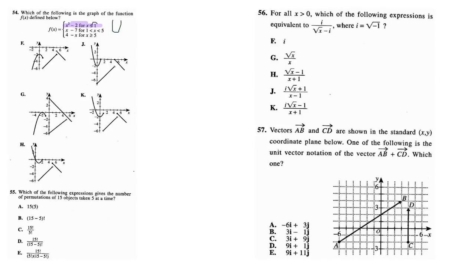So let's plug in 1 over here. 1 squared minus 2 is -1. So for this U part, it's going to start at the point 1, -1.